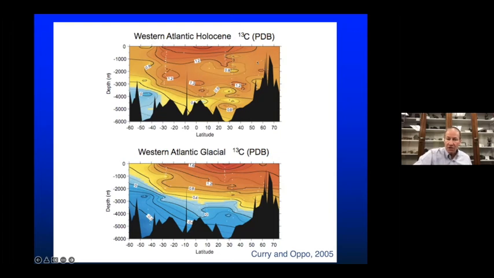And the colors and the contours are carbon isotope measurements in seawater and in foraminiferal shells at different water depths. And you can see the Atlantic Ocean today is flooded with high C13 water that has recently been at the surface and sunk to produce the North Atlantic Deep Water.